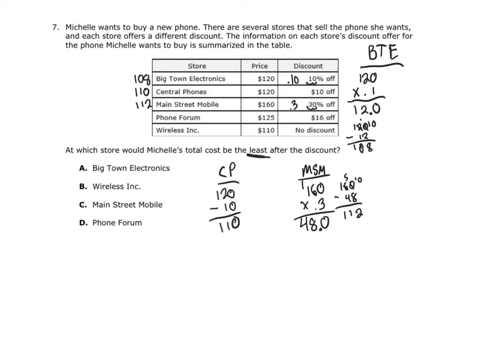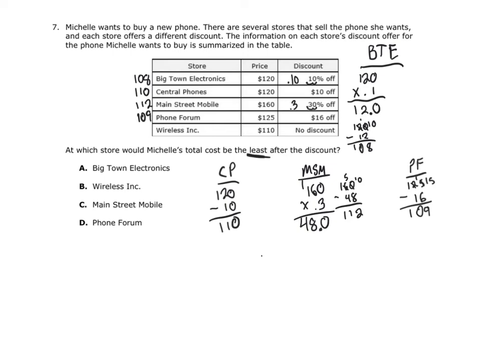Next one, Phone Forum, PF. It's just $16 off, so we do 125 minus 16. Need to borrow. 15 minus 6 is 9. 0 and 1. So we get 109.